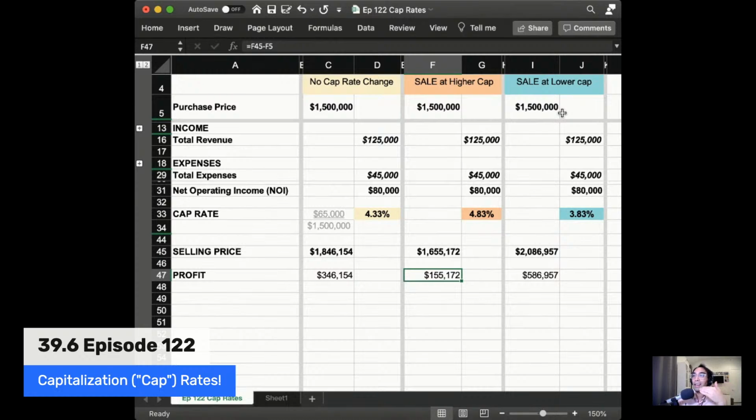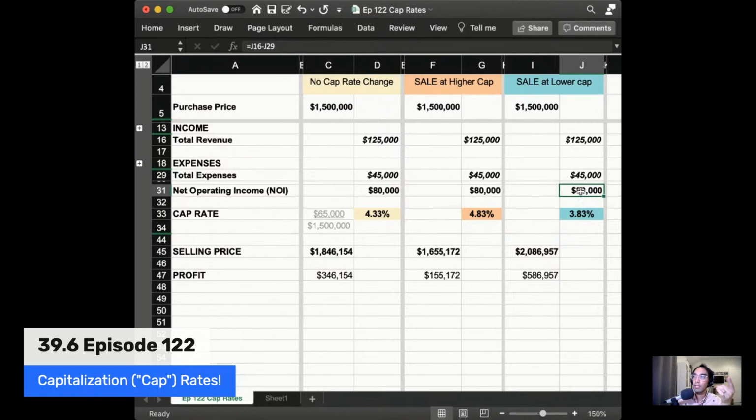Now, in an ideal situation, you're having a decrease in cap rates, but also an increase in net operating income. So you get a double bonus here. Okay, so now at a cap rate of 3.83, that's less than 4%. So every dollar you improve your net operating income, 1 divided by 4% is 25.